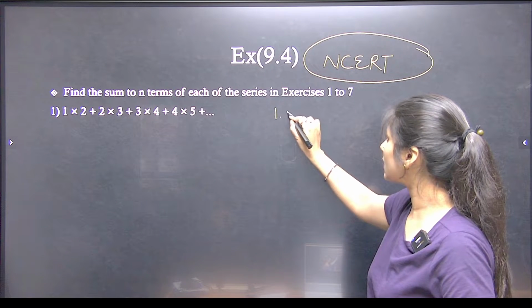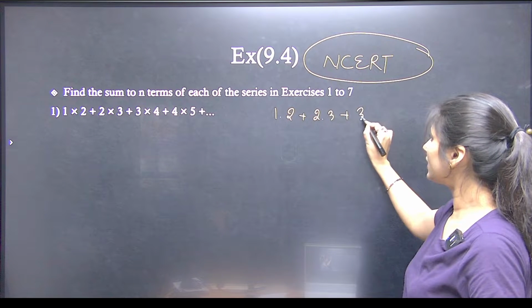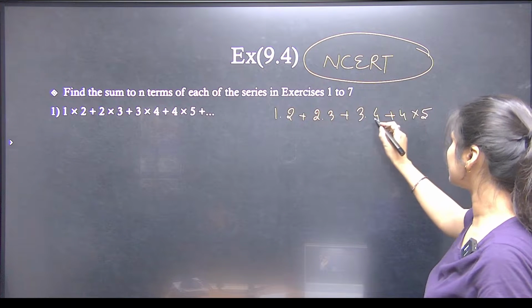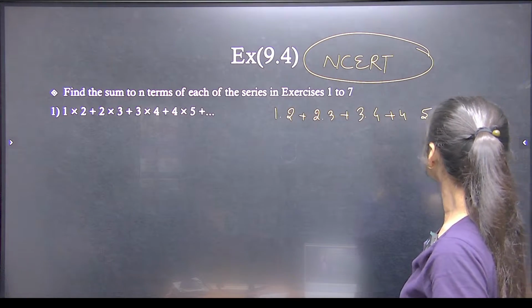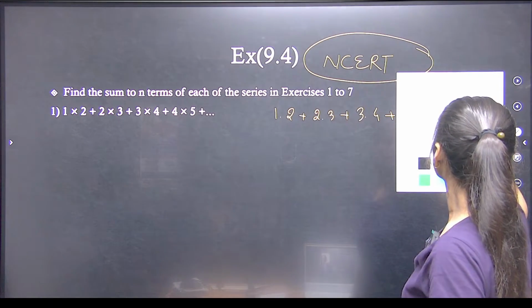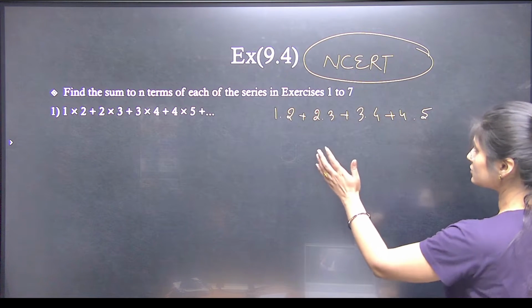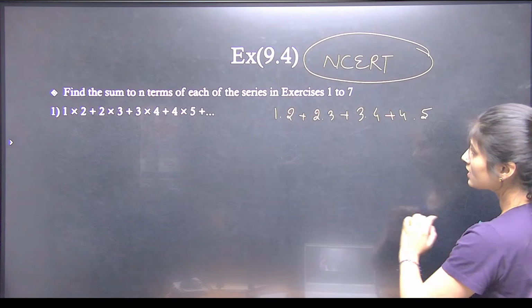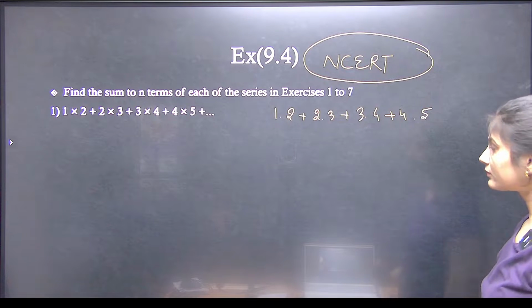The pattern is 1 into 2 plus 2 into 3 plus 3 into 4 plus 4 into 5, and it goes on like this, isn't it? In this pattern, it is neither an AP nor a GP, isn't it? So it is 2, 6, 12. It is neither an AP nor a GP.